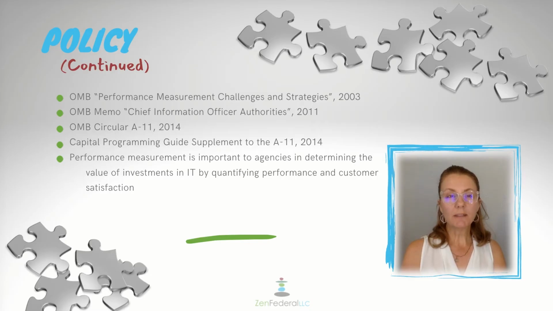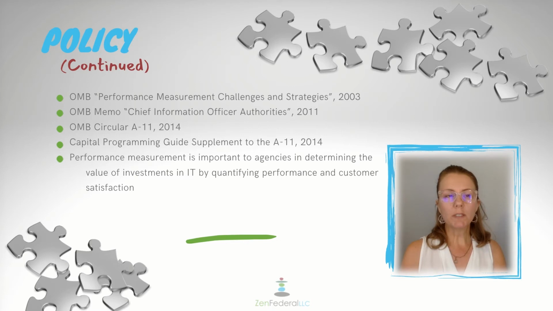Some additional policies that we have to comply with include those derived from OMB's Performance Measurement Challenges and Strategies publication of 2003, the OMB memo regarding CIO authorities from 2011, the Circular A-11, which has recently been updated as new as 2021, and the Capital Programming Guide, which is a supplement to the A-11 that was updated in 2020 and I believe is being republished as an update in 2021.